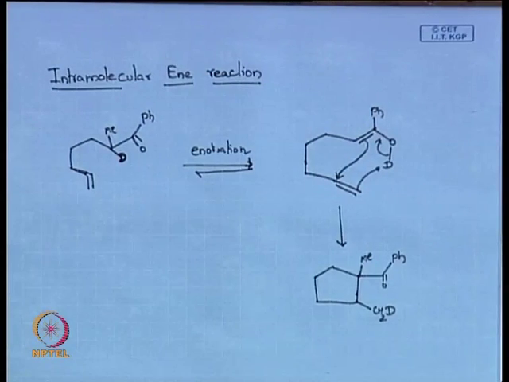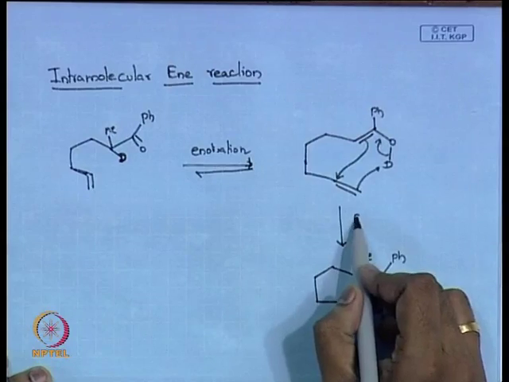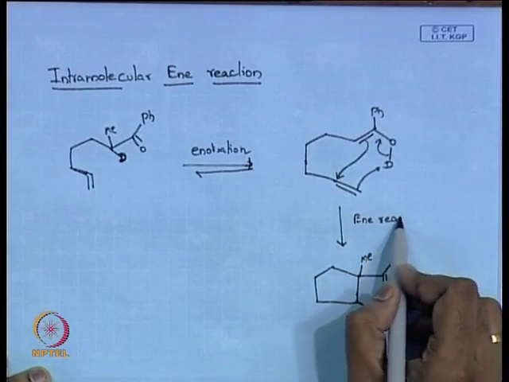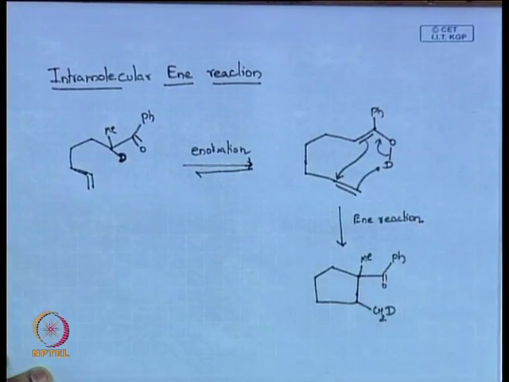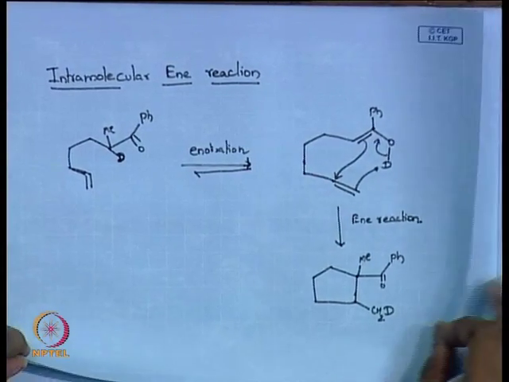This is a very good example for your intramolecular ene reaction. So, your first step is enolization, then you carry out your ene reaction, right. We'll take one of the good synthetic utilities of this intramolecular ene reaction.